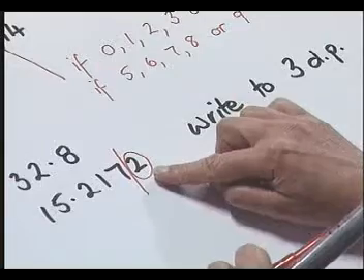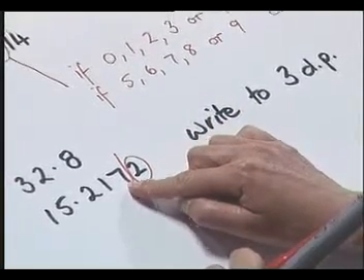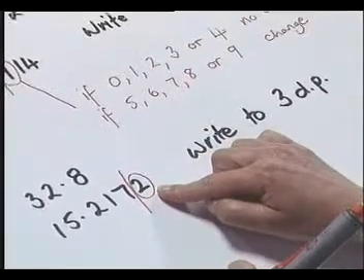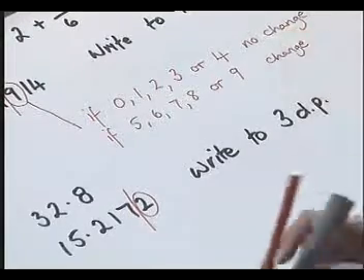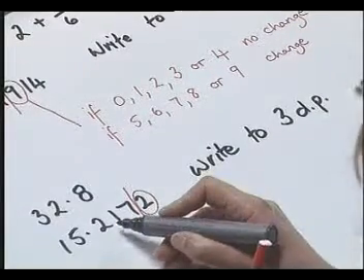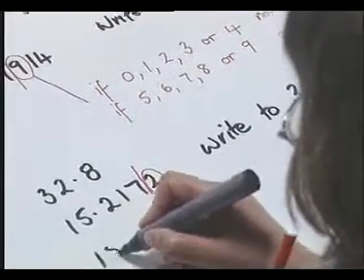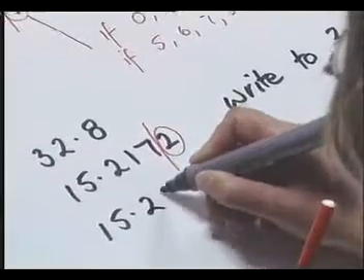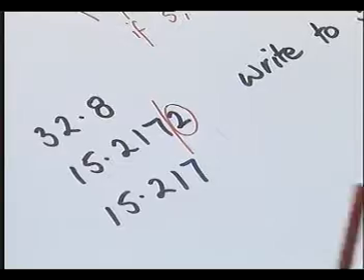And this is where I need to look at the digit after the line and see if it's going to affect the digit before the line. In this case, it's a 2. A 2 means there's no change. So 15.2172 written to 3 decimal places is 15.217.